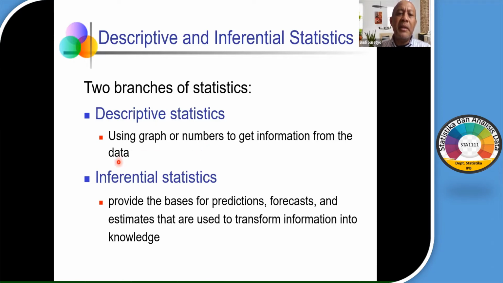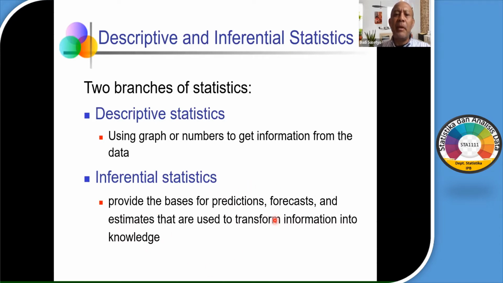It is different from inferential statistics. Inferential statistics is more complicated than descriptive statistics, because in inferential statistics, you use prediction methods, forecast methods, or estimates that are used to transform information into knowledge.